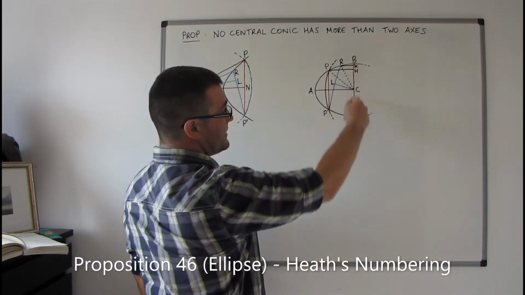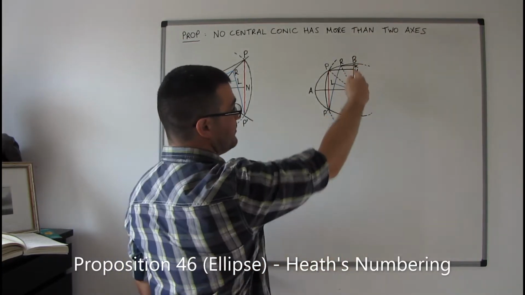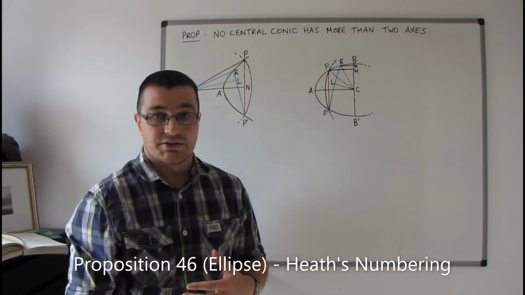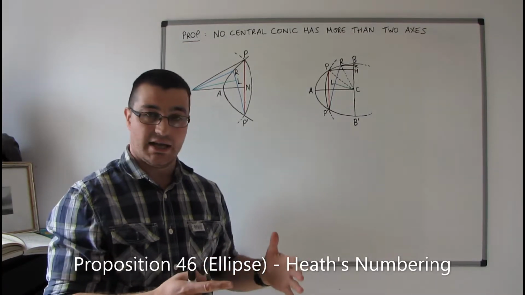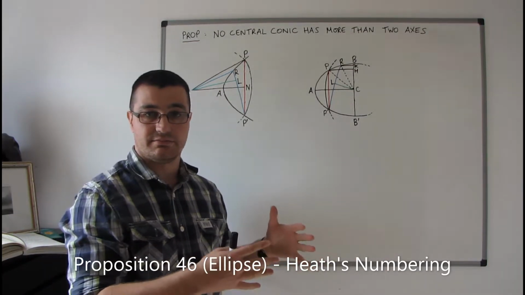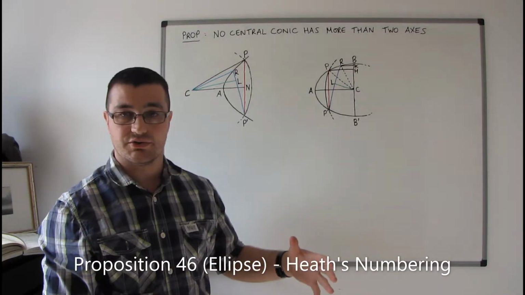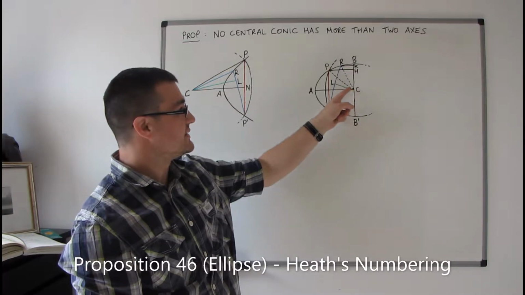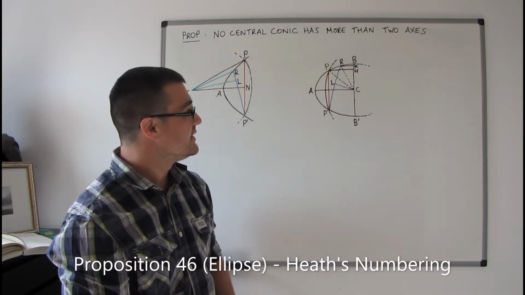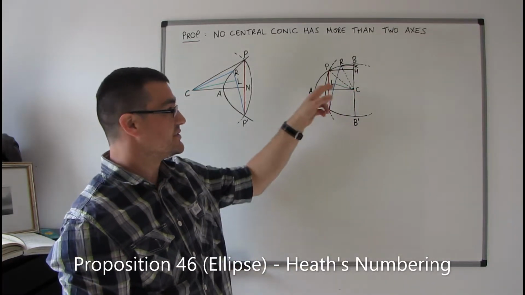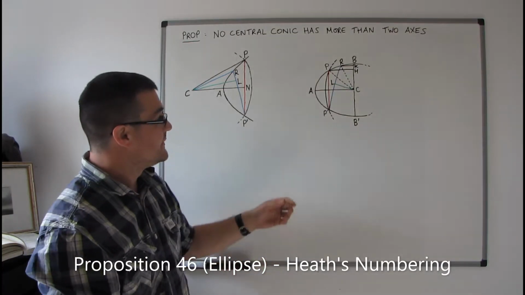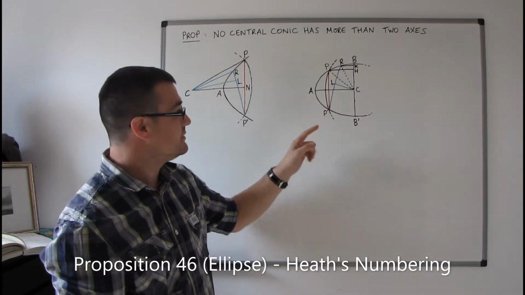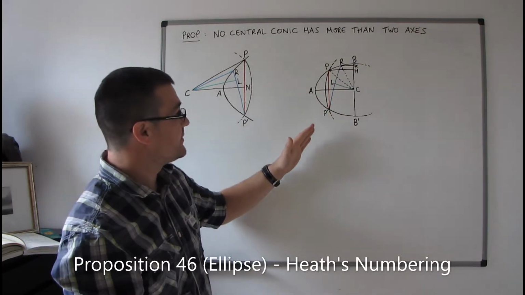We've also got the minor axis, which we can find in a similar way, BB primed. So BB primed is the minor axis. They're the two axes that can be found using proposition 45. What we're going to assume now is that there is actually a third axis in there somewhere. So this CL here is the third axis that we're going to assume exists. We're going to draw a chord perpendicular to CL.